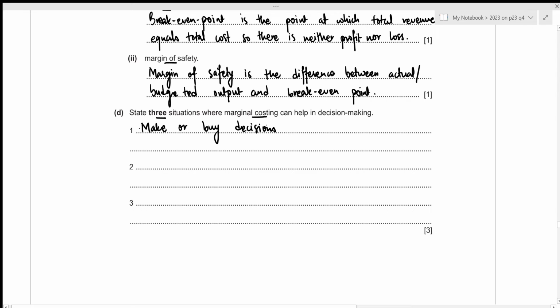Similarly, it can also help in making a decision in case of a special order. So with a special order, we can figure out whether or not there will be some additional contribution. If there's a positive contribution, we can accept that special order. If there's a negative contribution, we would have to let go of that special order. So accepting a special order.